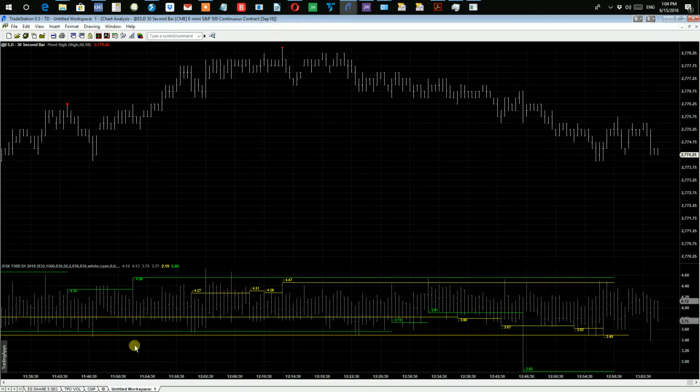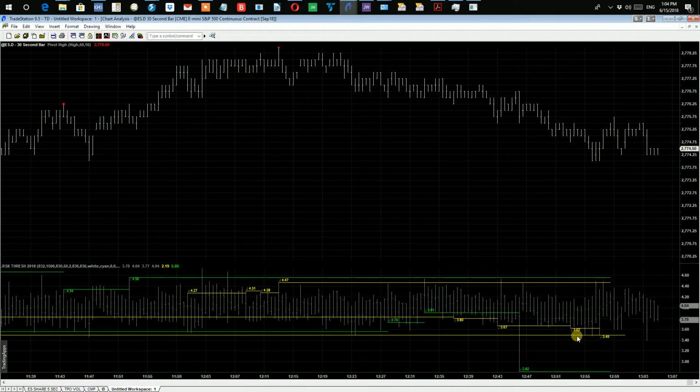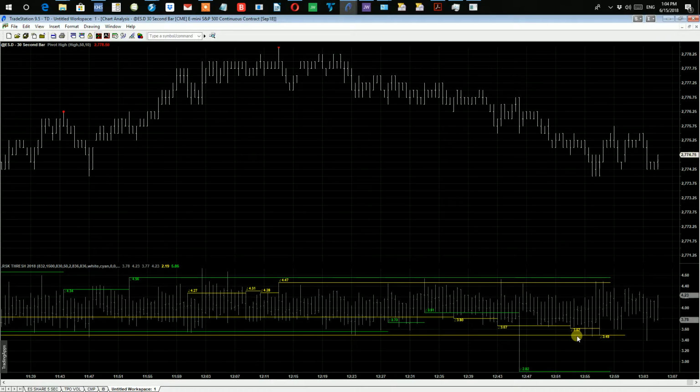This was lower than it was over here, as you can tell by just extending this to the left. But as I look at my profile, it's telling me, yeah, chances are we're going to continue on down. But it was a little bit higher, and for that reason, we got a little bump up. That was tradable if you wanted to scalp it.